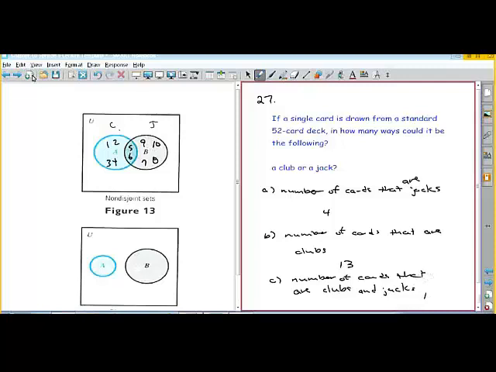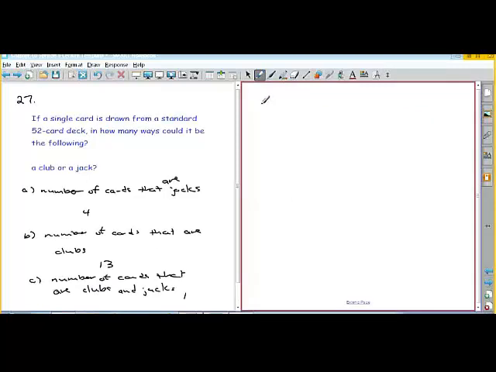How many jack of clubs do we have? 1. So to answer the question, how many ways can you have a club or a jack? It's going to be the number of ways that are club plus the number of ways that are jack minus the number of ways club and jack.